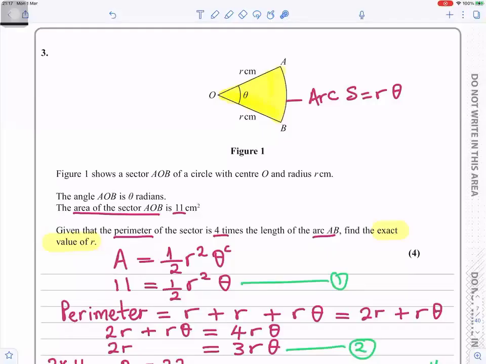Question number 3. Figure 1 shows a sector AOB of a circle with center O and radius r centimeters. Given that the perimeter of the sector is 4 times the length of the arc AB, find the exact value of r.